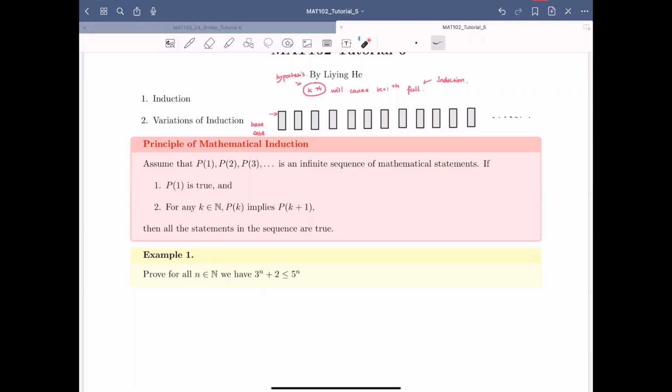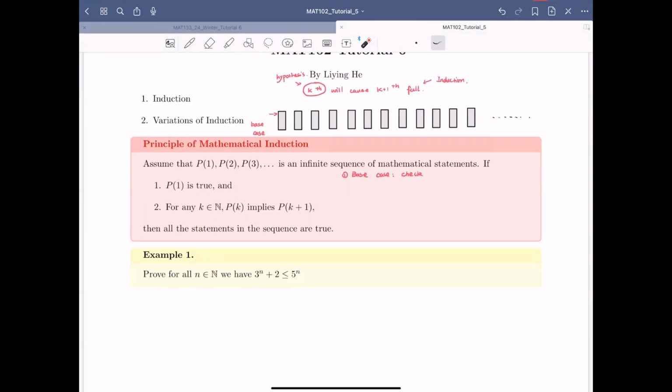Now I want to talk about the proof itself. Base case. Let me read the base case. You need to check. It does not need to be the first one.